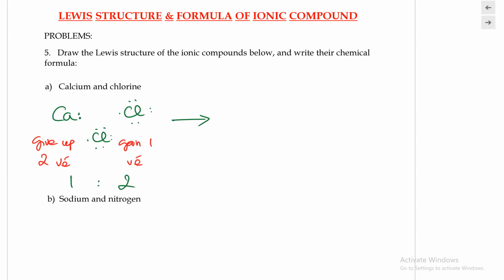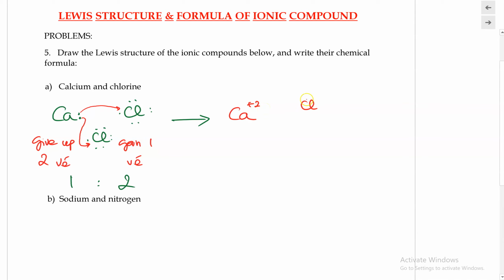And now, let's transfer the electrons. One of the electrons from calcium will be transferred to this chlorine, and the other electron will be transferred to this other chlorine. So in the end, we can see calcium is now without any valence electrons, and becomes positive 2.